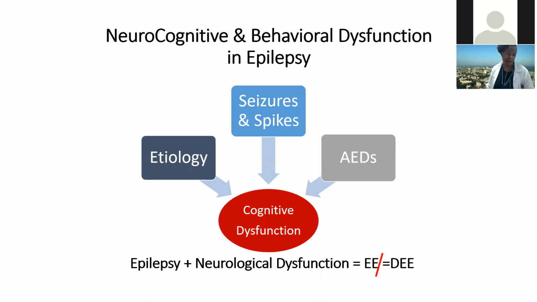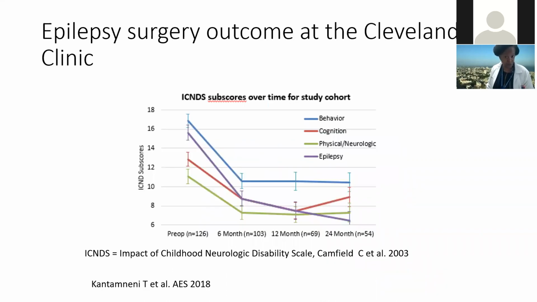Because if we follow this paradigm that if we treat the seizures, the patient should get better, that could happen in some patients, okay? And here is an example of the epilepsy surgery outcome at the Cleveland Clinic. This is work by one of my former fellows. What I'm showing in this graph is a group of patients who had epilepsy surgery, okay?